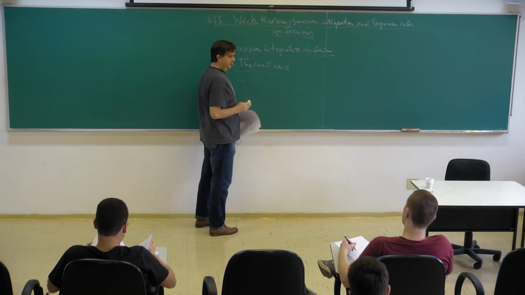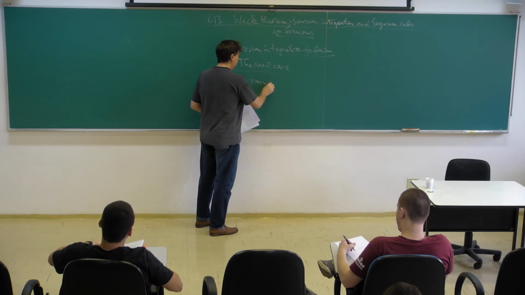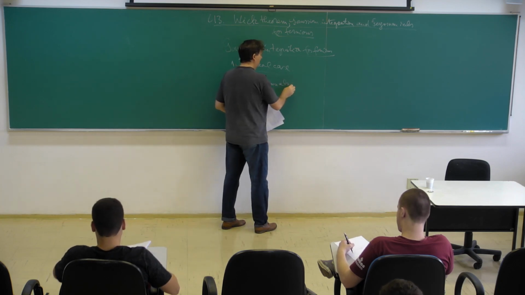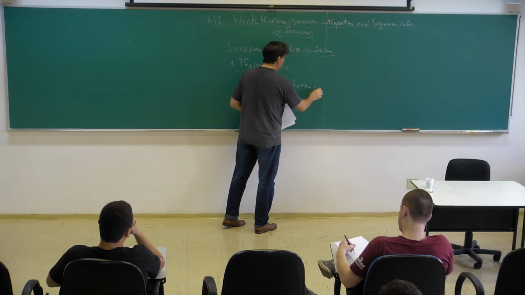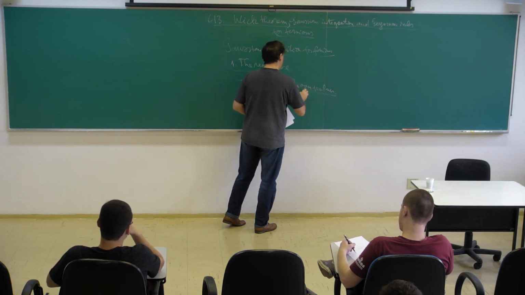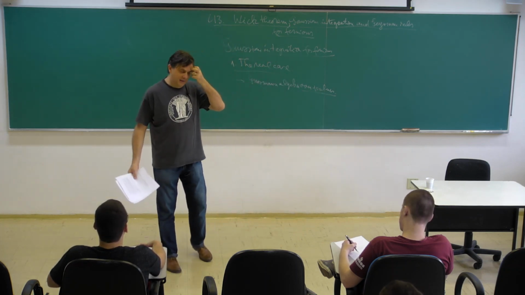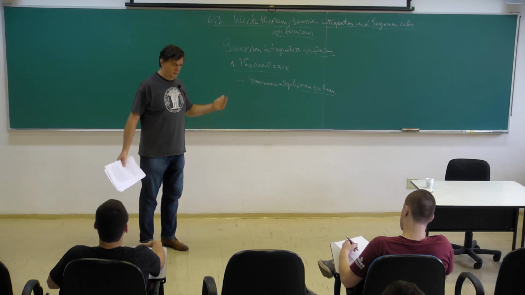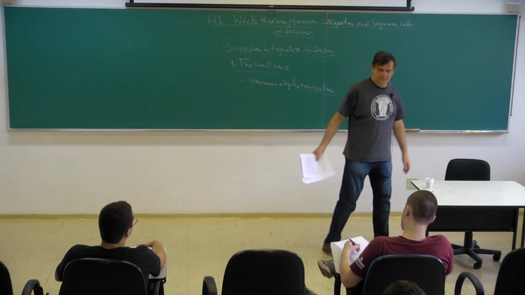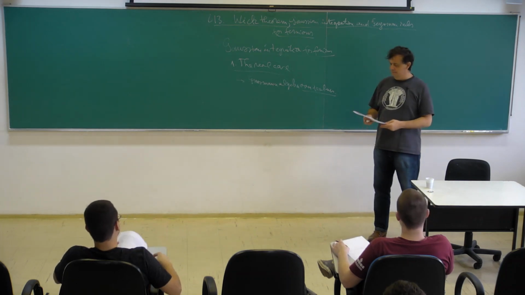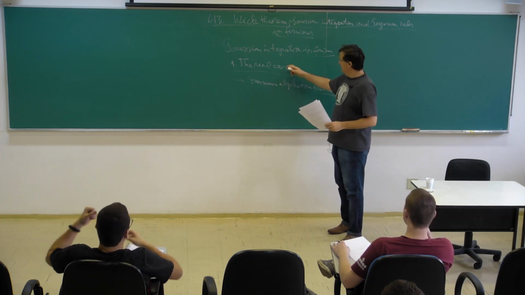Since we're interested in fermions, we'll consider a Grassmann algebra over real numbers. Grassmann algebra, I remind you, means that besides the normal numbers, which are called even members of the algebra, we also have the odd members, which are anti-commuting objects. But the algebra is over real numbers, hence real integration.